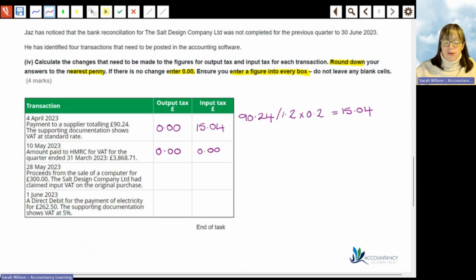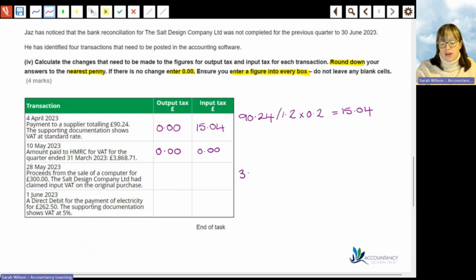The third one, proceeds from the sale of a computer for £300. The Salt Design Company Limited had claimed input VAT on the original purchase. So they are going to have charged VAT on the sale of this computer. So they're still going to be liable to pay that VAT over to HMRC as normal. So that's going to affect our output tax.